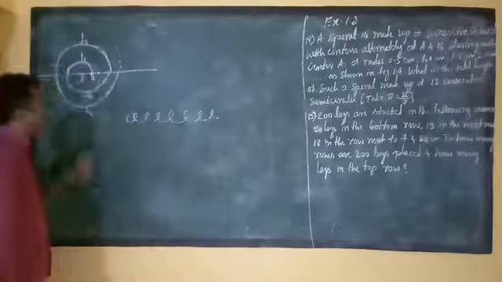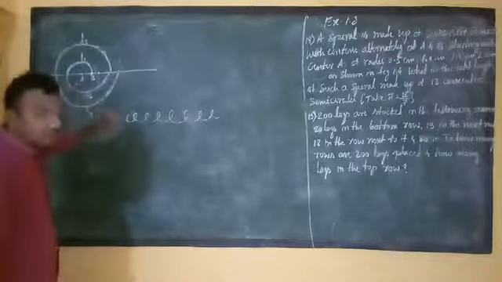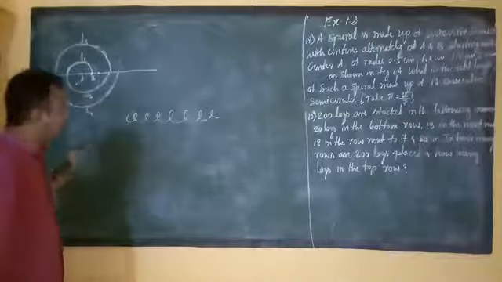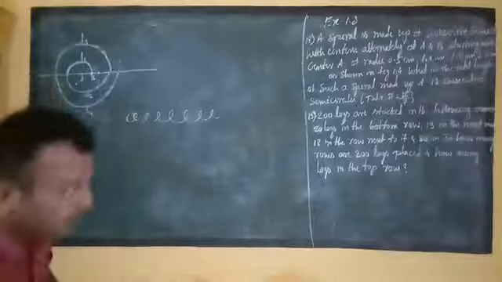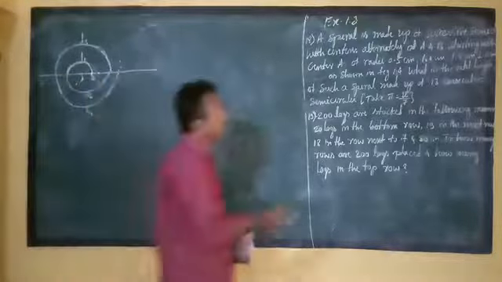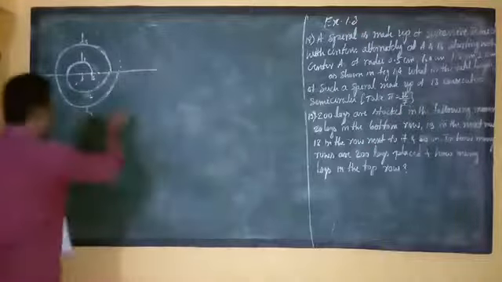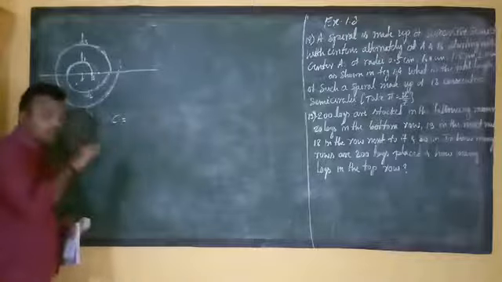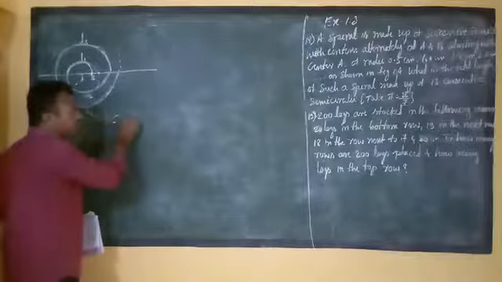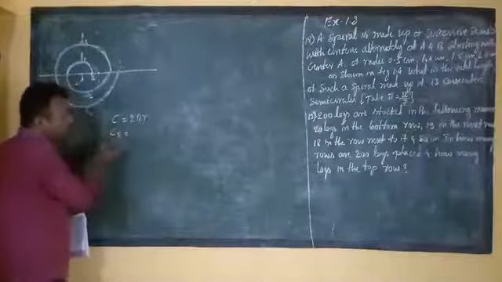Okay students, what do we have to calculate? We have to calculate the total length of the spiral. How do you calculate? Very simple students. See here, first, they have also given the hint pi is equal to 22/7. Do you know what a semicircle is? What is the length of the circle? Circumference of a circle, C is equal to 2 pi r. What is the circumference of a semicircle?